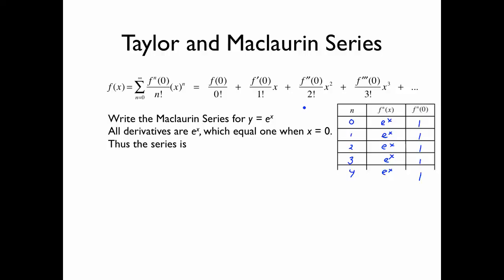So now, can you set up the series? This will always be 1, and then we'll have n factorial and x to the n. So e to the x is just going to be the sum of x to the n over n factorial, because all of those derivatives are just going to be the value 1 when they're taken at 0.